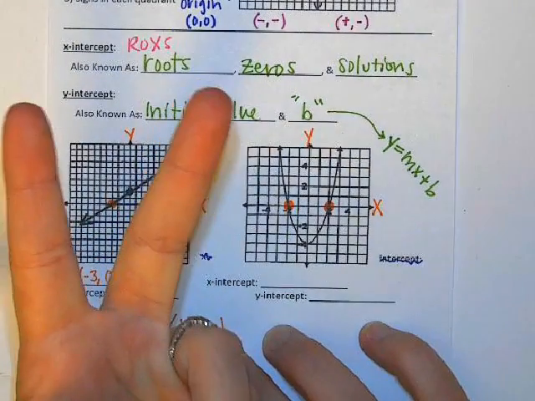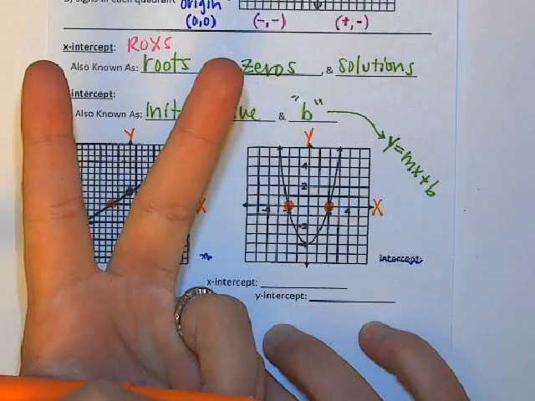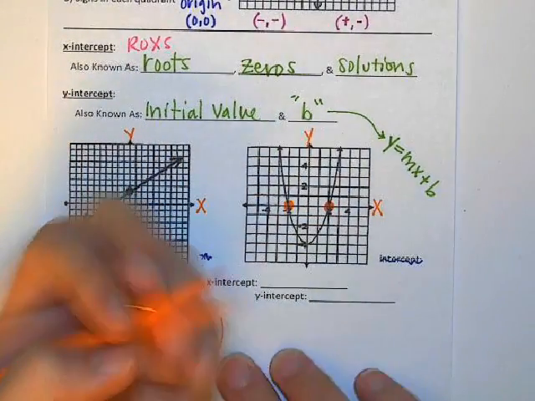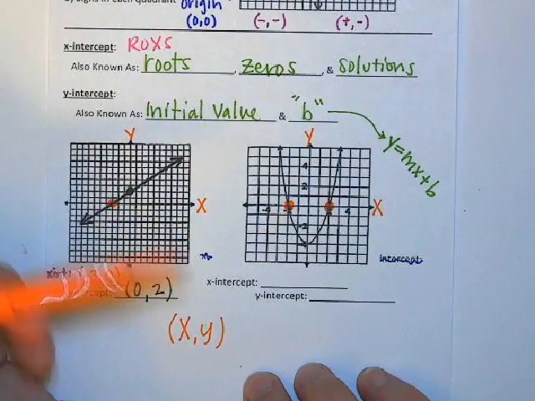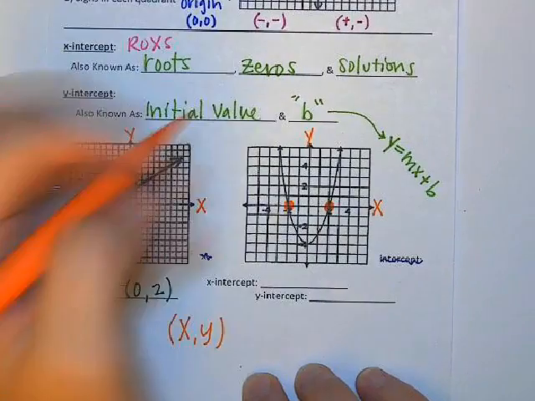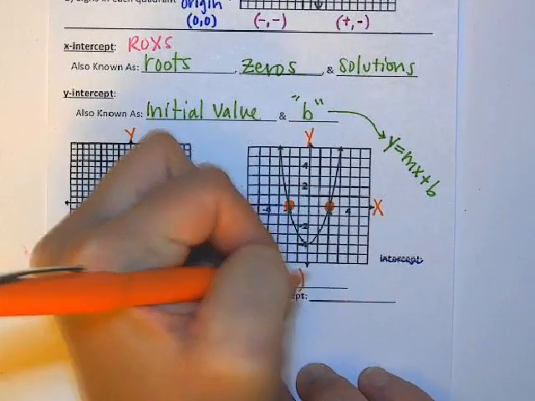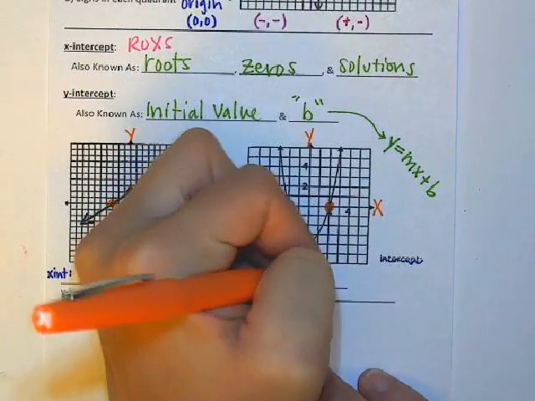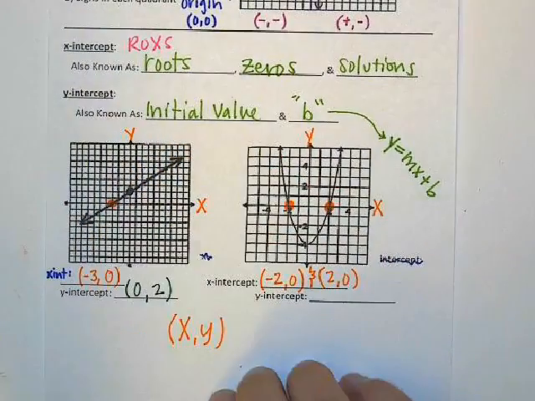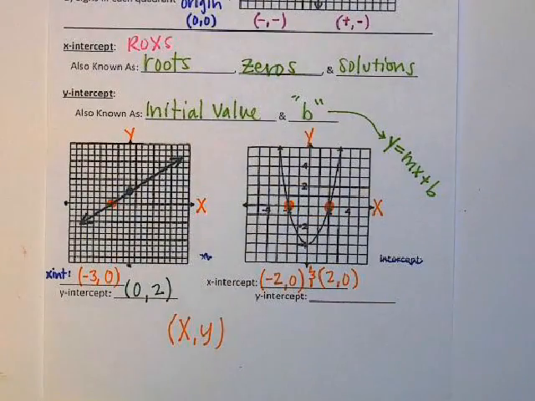So how many sets of parentheses am I going to have? 2. 2 dots, 2 sets of parentheses. Okay, and I'm talking about the x-axis, so my numbers are going to go in the x spot. All right, so my first one is negative 2, 0, and positive 2, 0. You can do it.